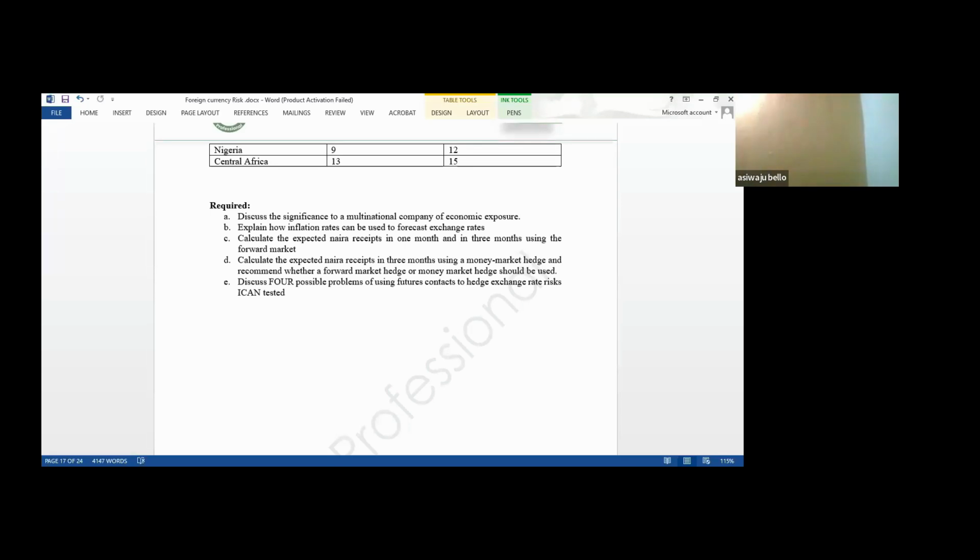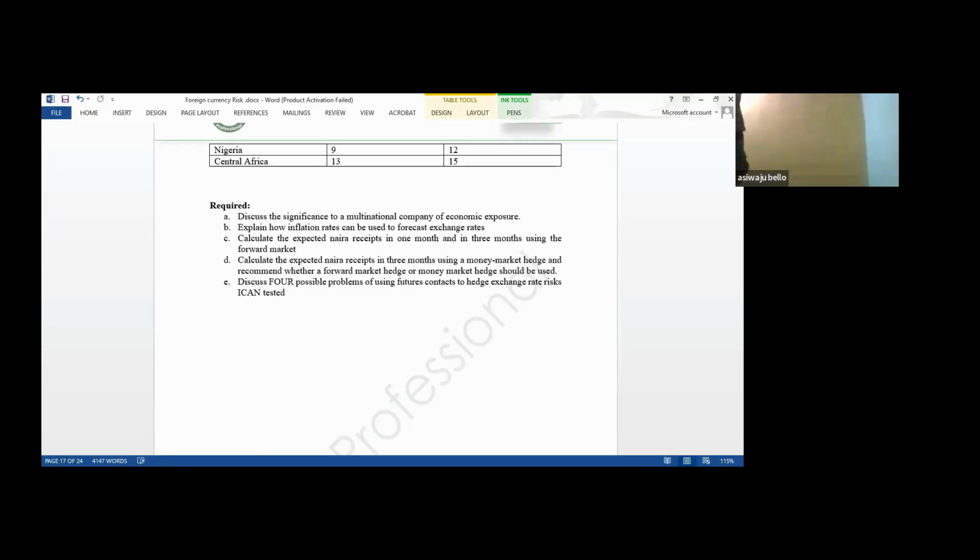If you compare this question with the first question we solved, in the first question we had to estimate the forward rate. But in this question, we are already given forward rates, the 3 months forward rates. That means we don't need to estimate again.